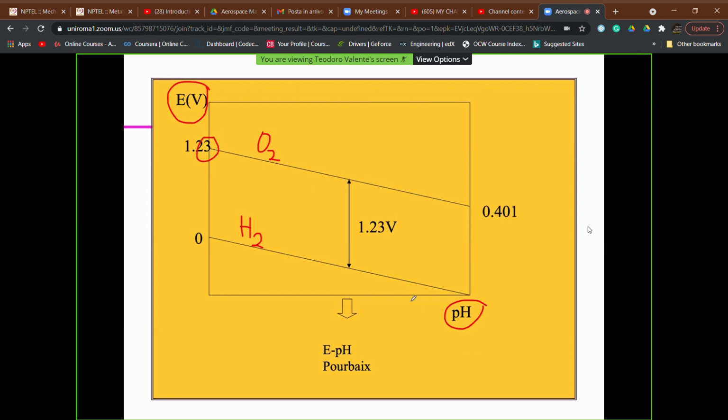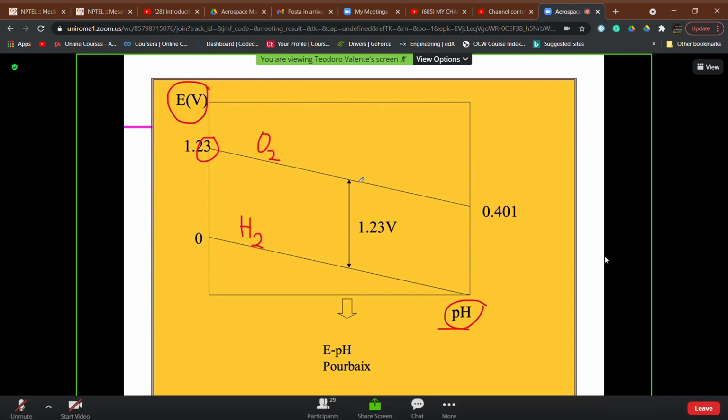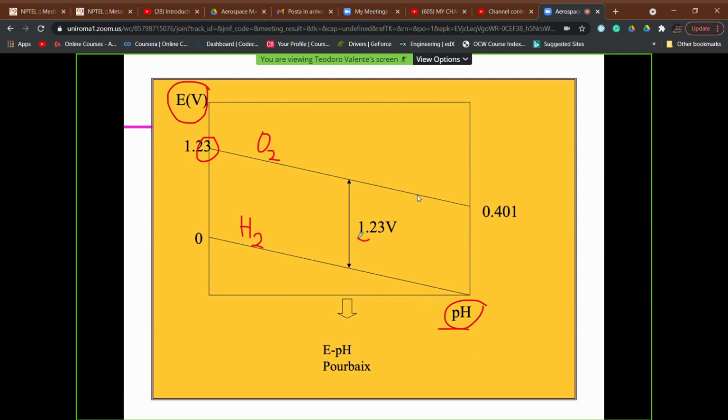And if we move the pH of the solutions, then the distance between these two straight lines is always the same, since the slope is the same, and it is equal to 1.234 volt, which I remind you is just the electrolysis potential of water if we want to generate oxygen and hydrogen from water.